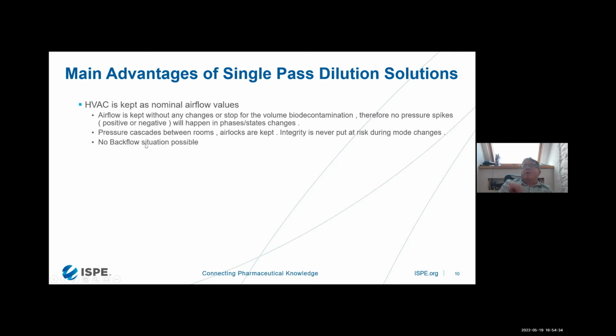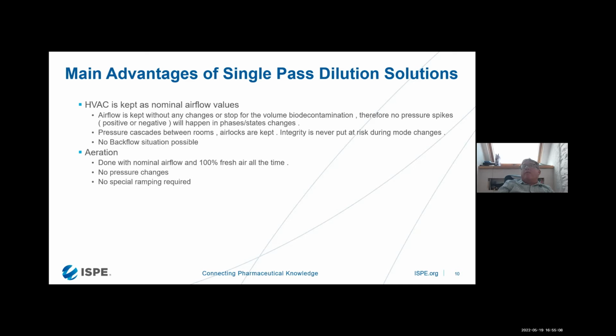There is no backflow possibility, because the backflow topic is relevant since you always have HEPA filters on the exhaust, and these HEPA filters are the most contaminated part of the whole application. So if there is any backflow from that, then there is a risk to really contaminate the volume badly.